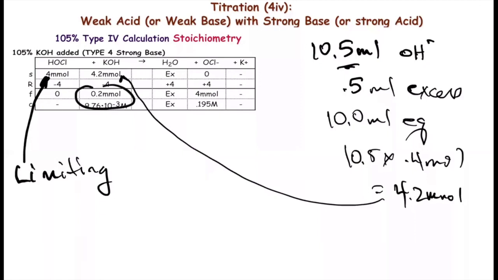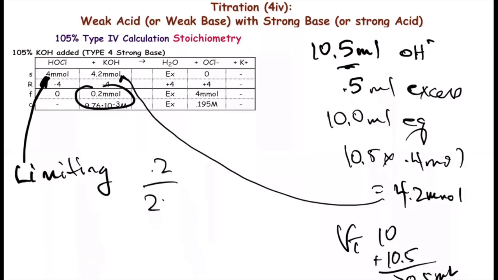What is the total volume? The total volume now is 10 plus 10.5, 20.5 milliliters. 10 from the original analyte, 10.5 from the titrant. So if you take 0.2 millimoles and divide by 20.5 milliliters, you get 9.76 times 10 to the minus 3 molar.